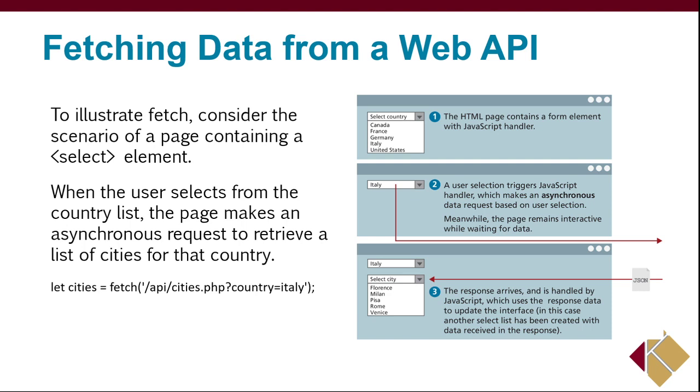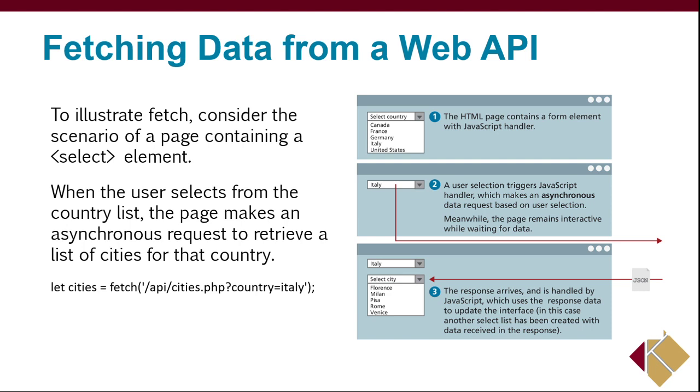With the country list, there is an event handler that, when it is selected, checks that value. And depending on the value, it is going to fetch something from an API that's going to return the list of cities for that country. Pretty typical use case.